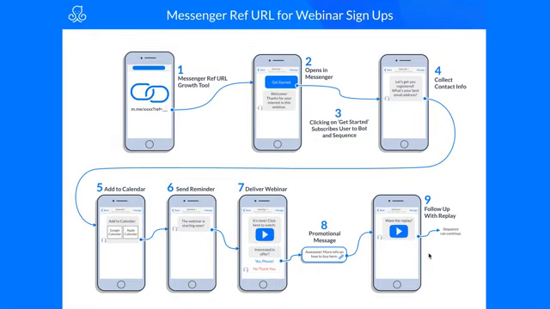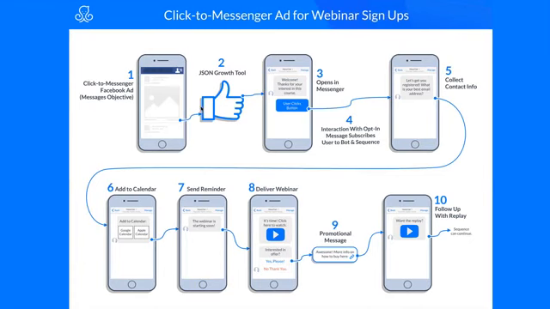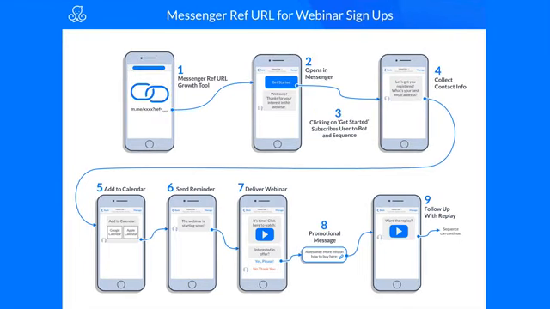So if you want to deliver a webinar, but you're not necessarily sending the traffic from a Facebook ad, maybe you're sending it from email, maybe you're sending it from another traffic source, maybe an affiliate wants to email or broadcast about your webinar.